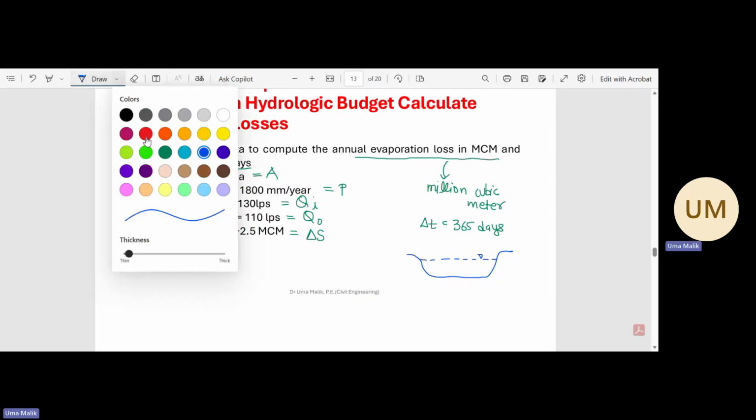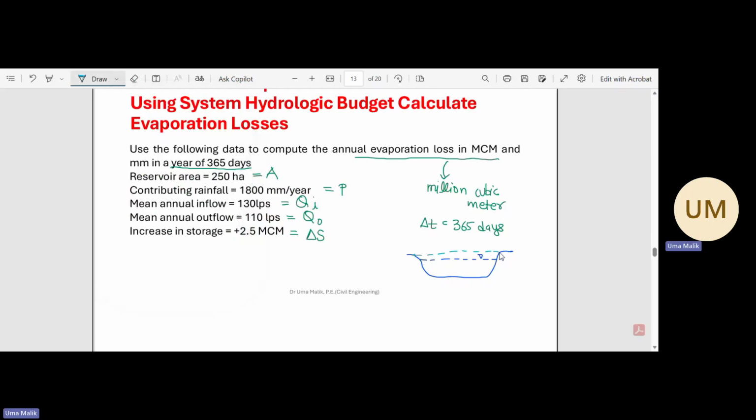We are just saying there is an increase of this much volume, which is 2.5 MCM. Positive increase, right? This is at T equal to 0. This is at T equal to 365 days. That's what the problem means, right?